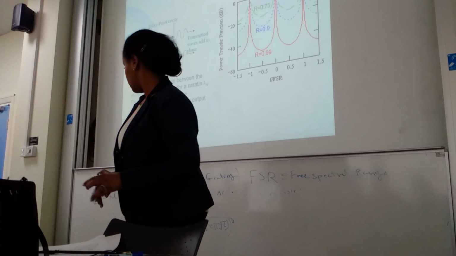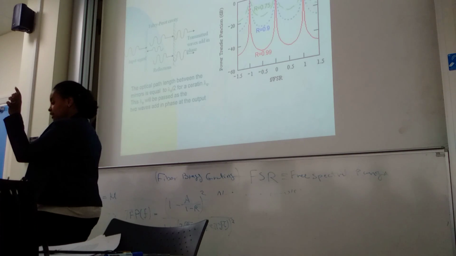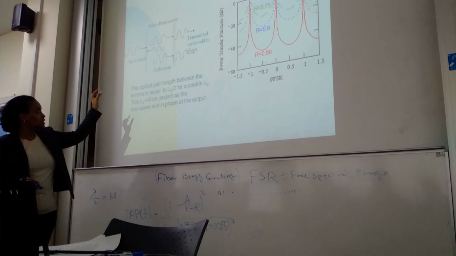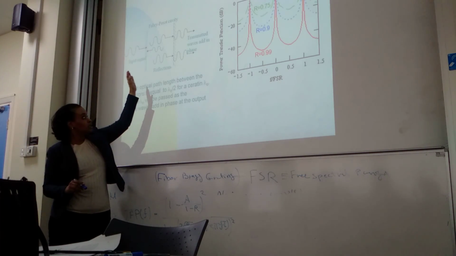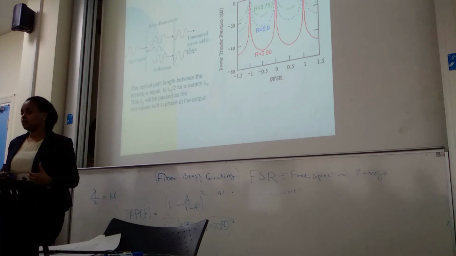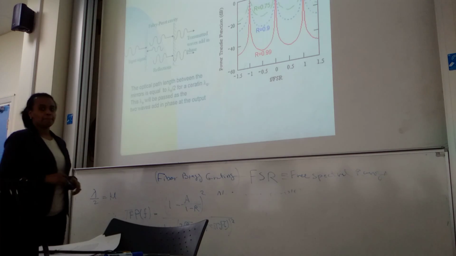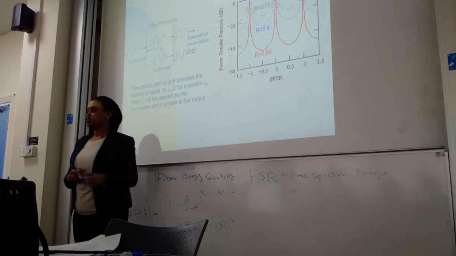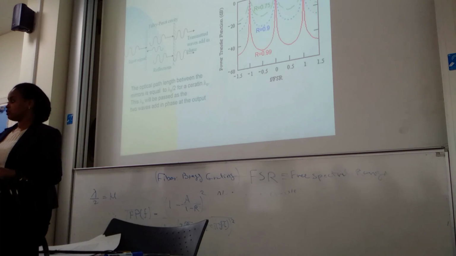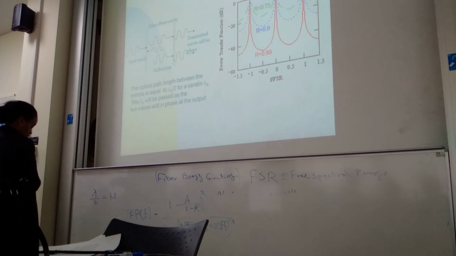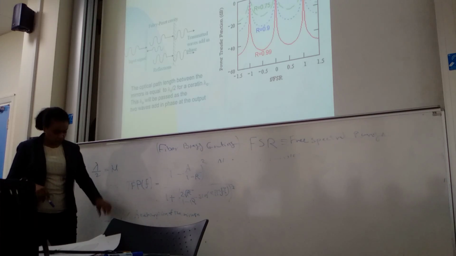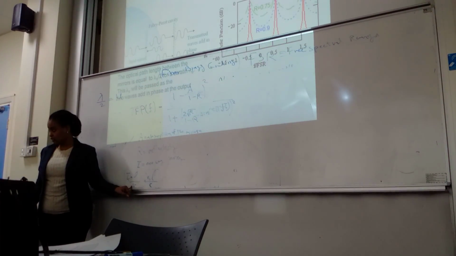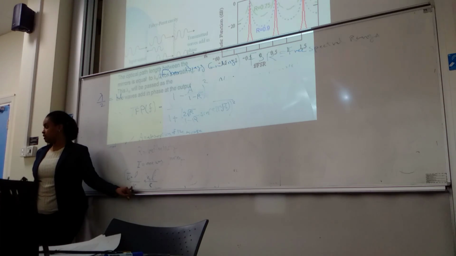What's k? k is the integer. So the wavelength can be multiples of the L. And that's why we have this periodic transfer function. v is velocity, so I wanted to show that this is the velocity of light in that medium.